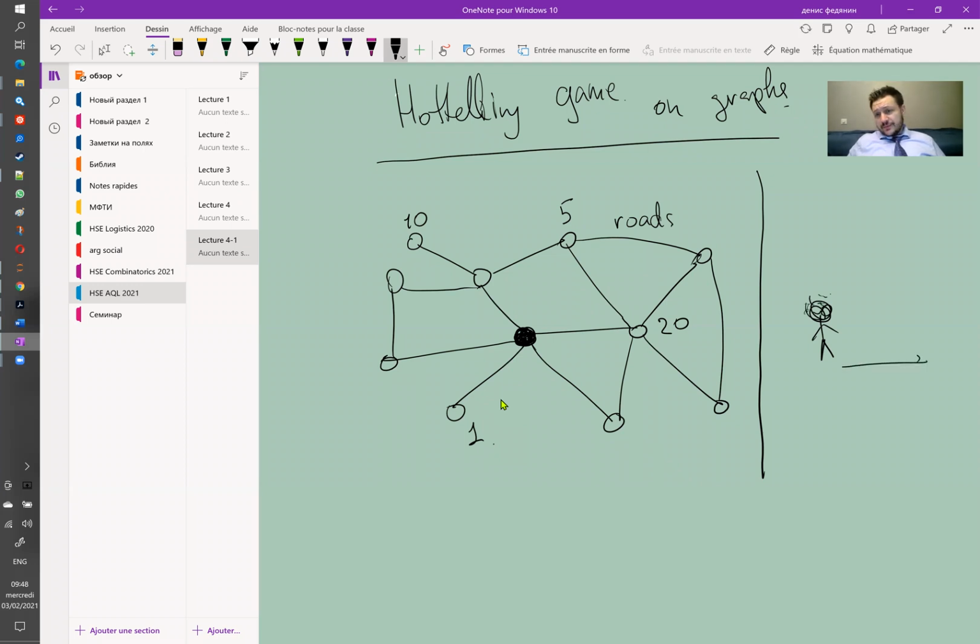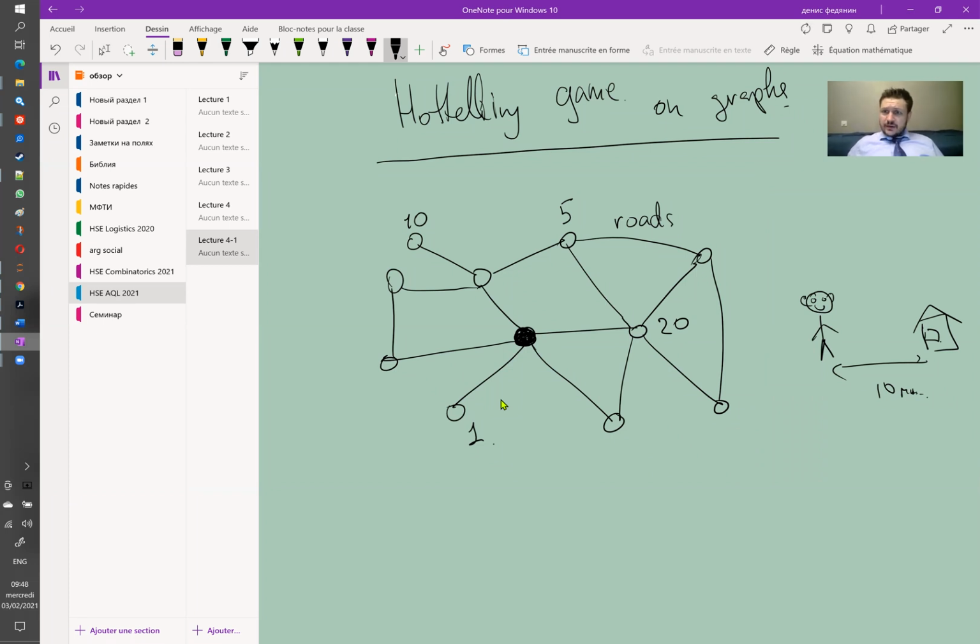We want to create shops such that every customer can have access to one in 10 minutes or less. It's very similar to this idea.